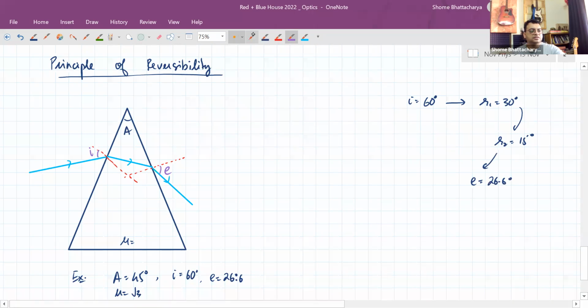If the light is incident like this, then this will become my angle of incidence in the second case, and this will itself become the angle of emergence. So if instead my angle of incidence is 26.6 degrees, then sin I2 = mu sin R1 prime, and this formula will give me R1 prime as 15 degrees. So this ray has reversed its path.